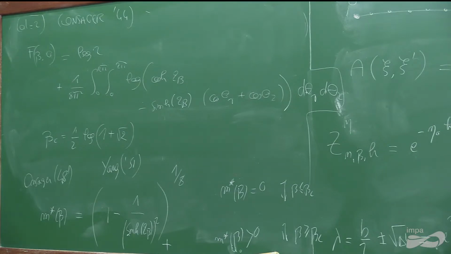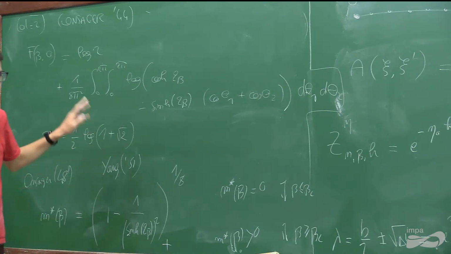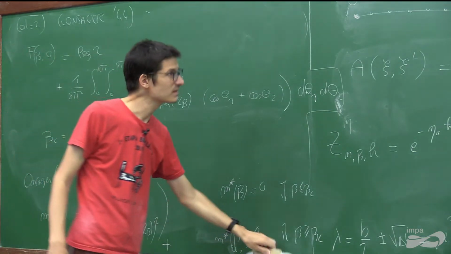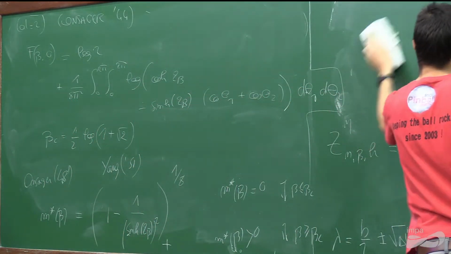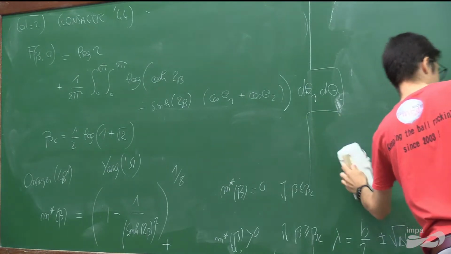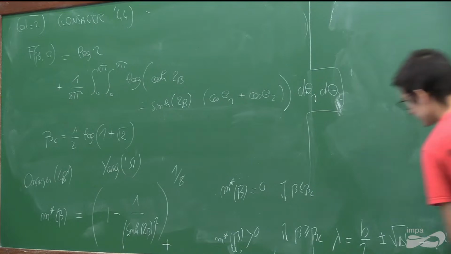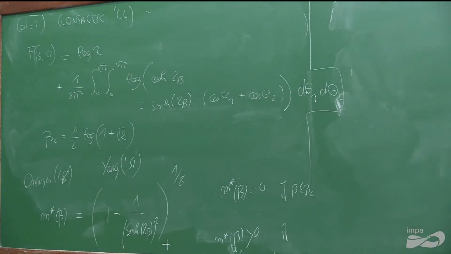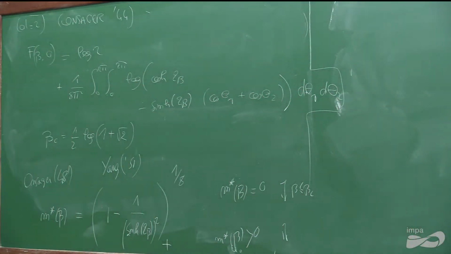But there is a proof for the value of beta c that doesn't use transfer matrices, which is, I think, something like a bit more than 10 years old.